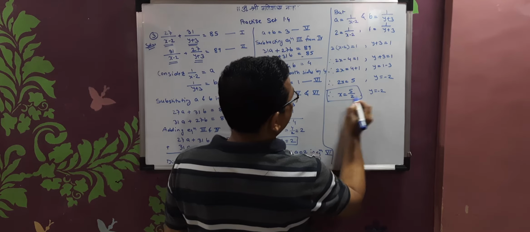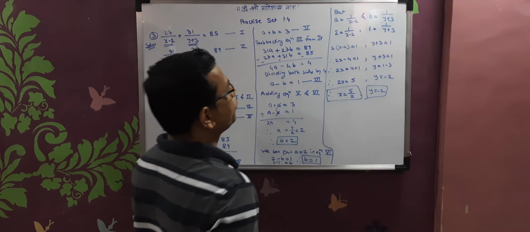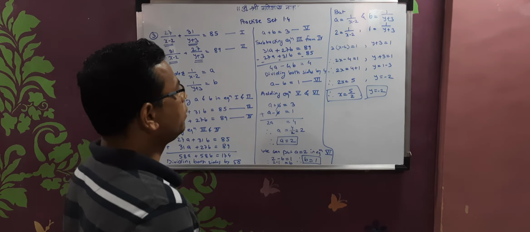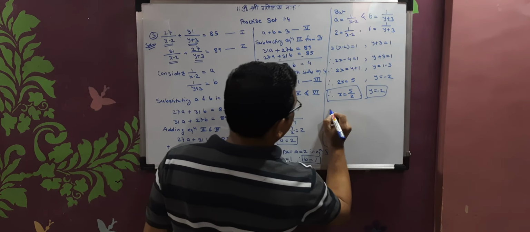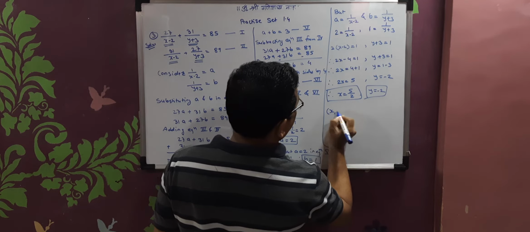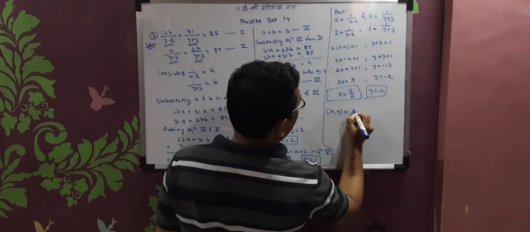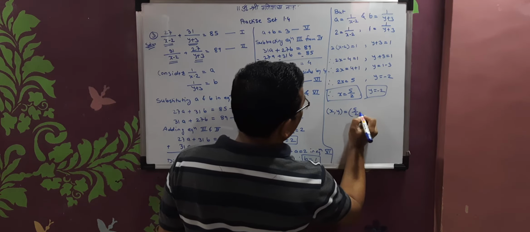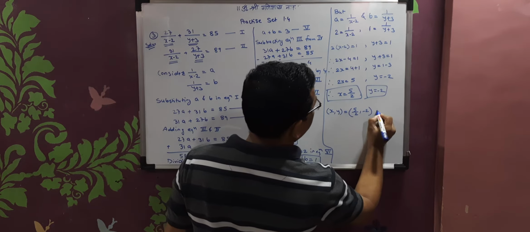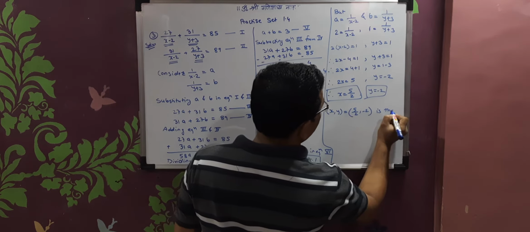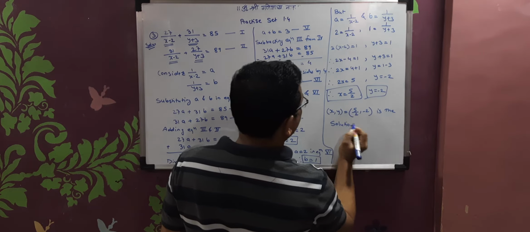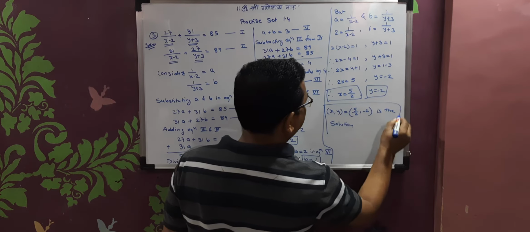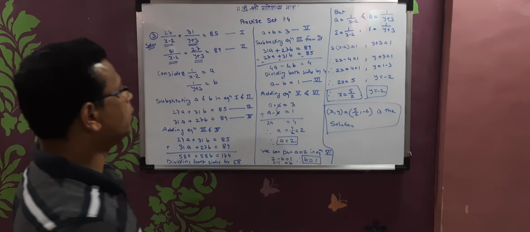This is the answer for x and y. So what is the answer? x comma y is equal to 5 by 2 comma minus 2 is the solution. You have to put it in brackets so it easily gets highlighted.